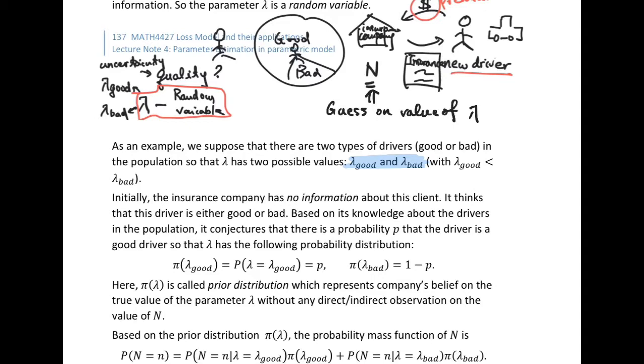As I said before, if the driver is good, then lambda should be smaller, so we assume lambda good is less than lambda bad.